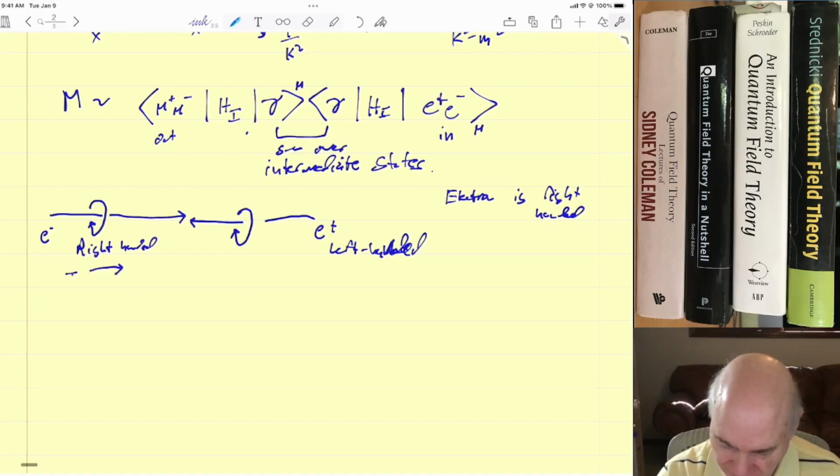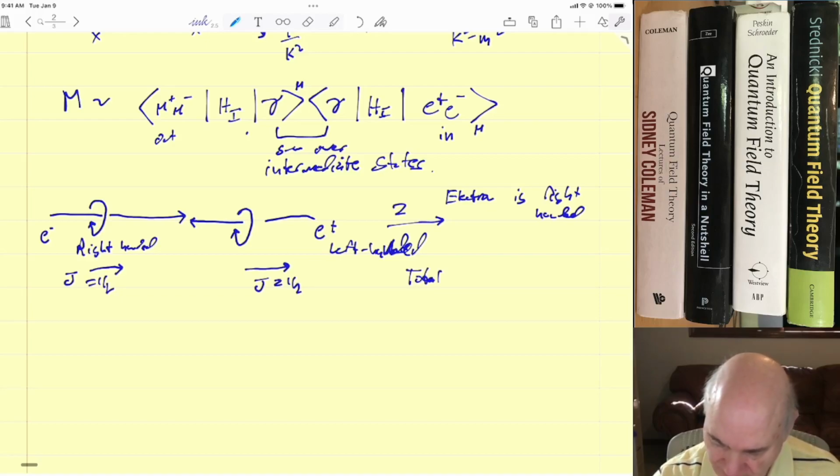Let's call it J. Let's call this the z-axis. And the positron will also have the J that way. So we're going to have J equal 1/2 and J equal 1/2.